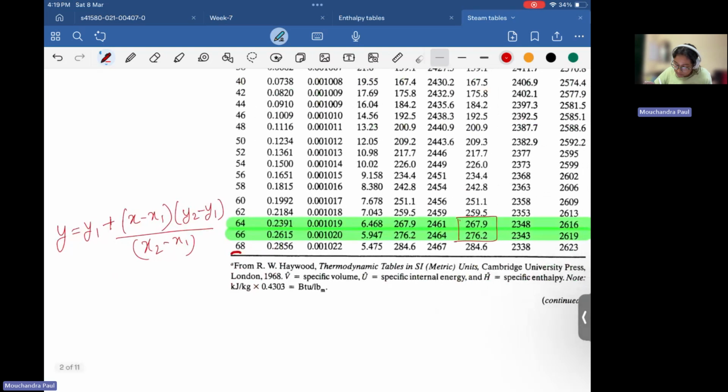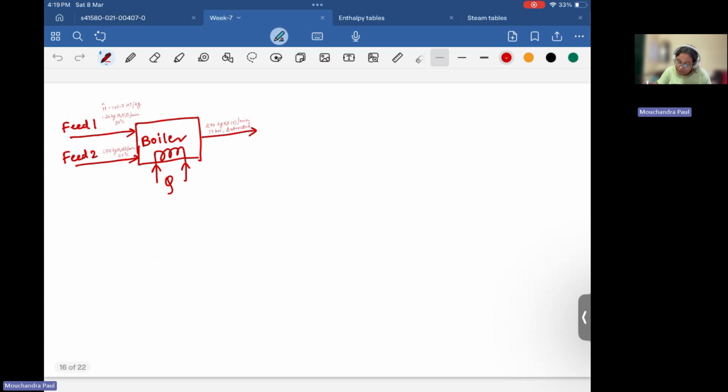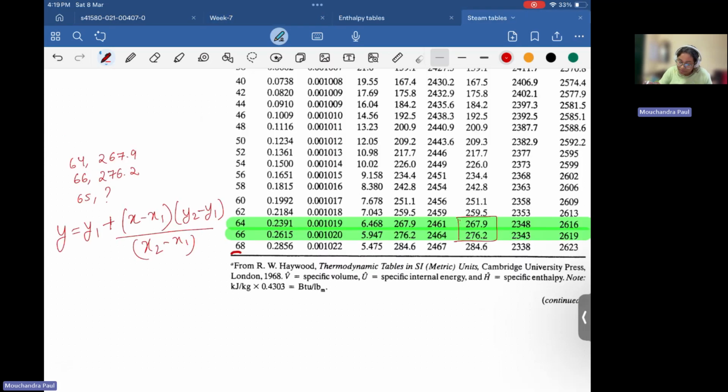So here at 64, your enthalpy of water is 267.9. At 66, enthalpy of water is 276.2. You have to find the enthalpy at 65 degrees Celsius. Right? That is the question.